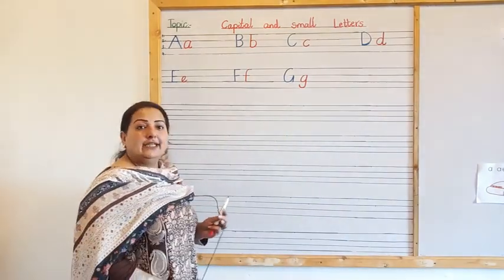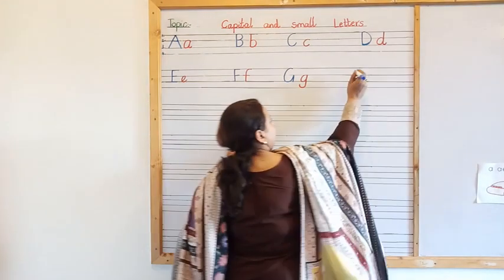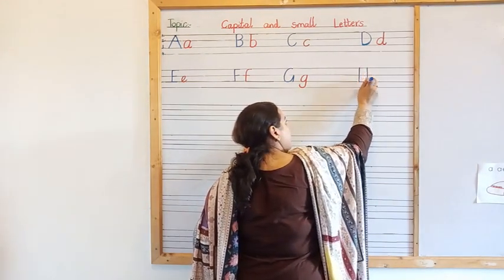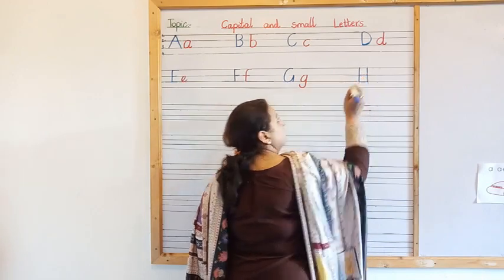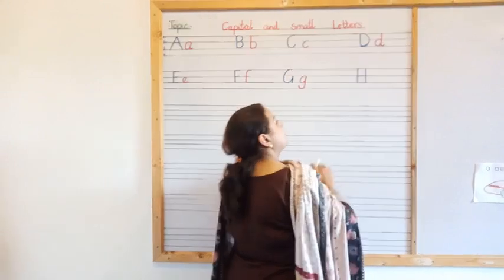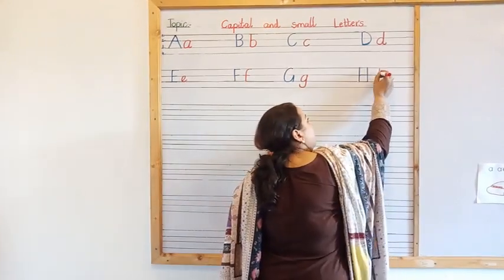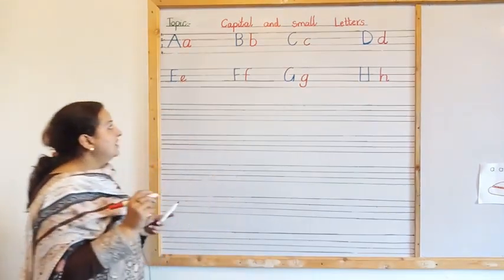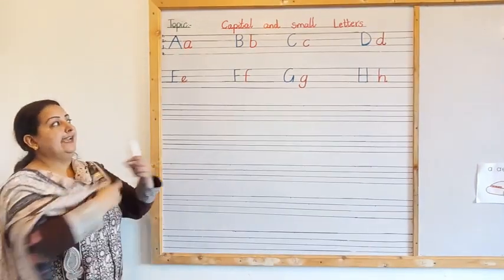What comes after G? H. Go down and across. H. And now small h in upper 3 lines. What comes after H?